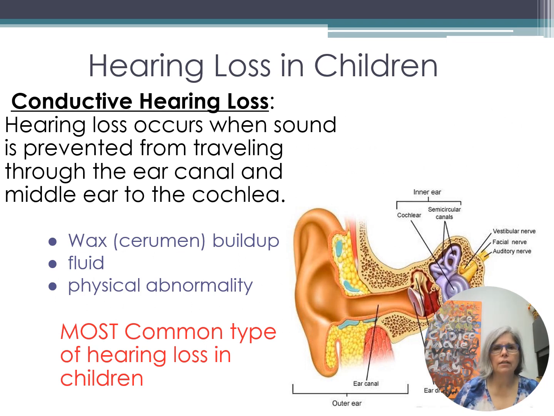So conductive hearing loss in children then, remember I've already talked about conductive hearing loss being in the outer and middle ears when sound is not being conducted into the cochlea, into the inner ear. A lot of times that'll be wax buildup. In children, it might be another blockage. It could be something that they stick in their ear.